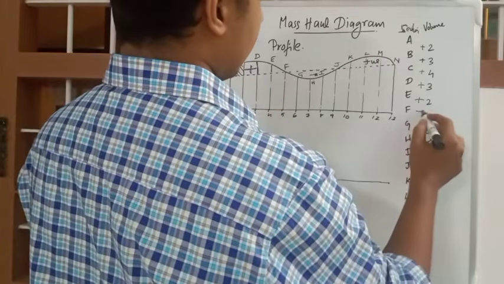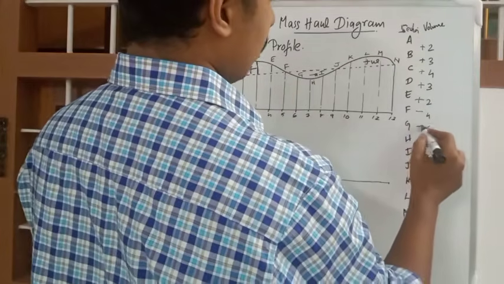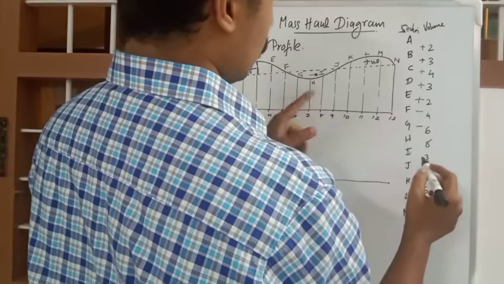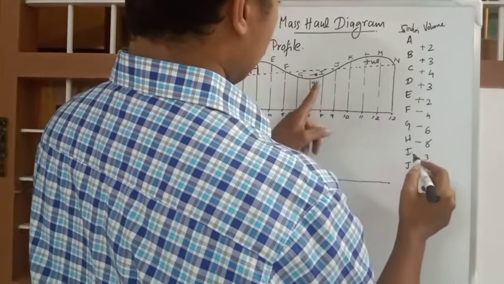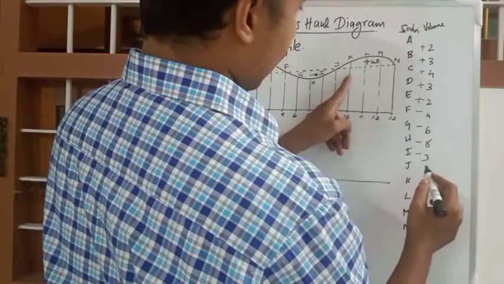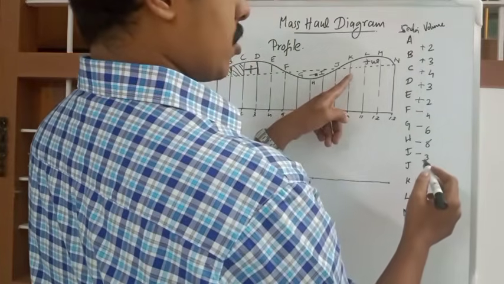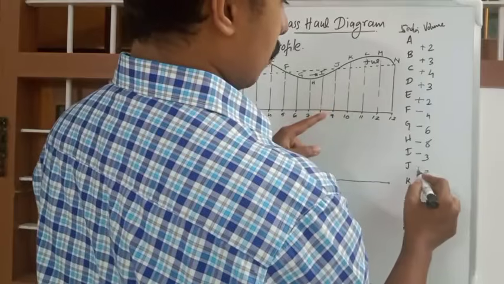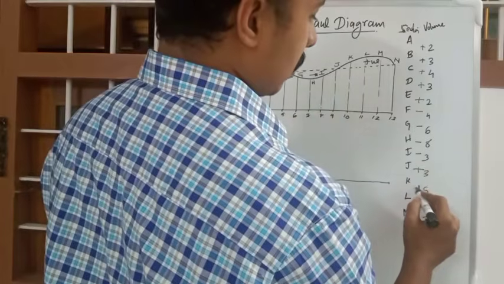F to G will be negative, G to H negative, H to I again negative, I to J negative. Then J to K, it is rising above the proposed line, so it is positive, and the rest of them will be positive.